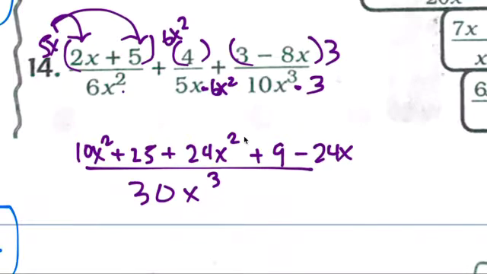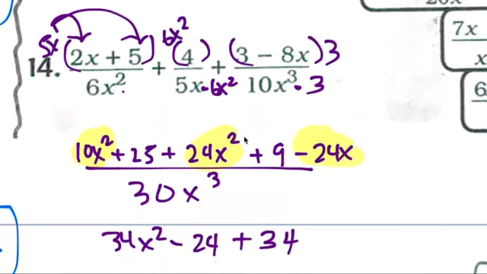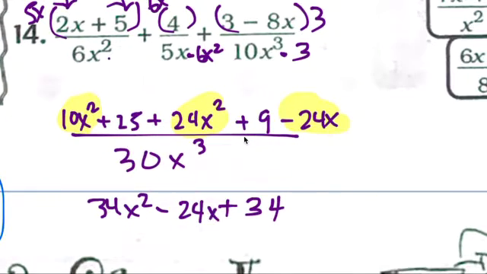Combine the like terms, you got 34x squared, actually minus 24x, and a positive 34, all over 30x cubed.